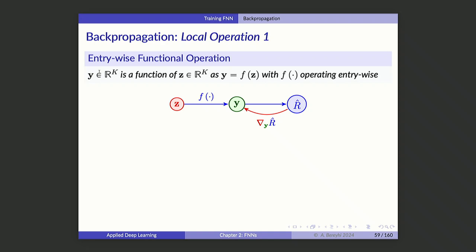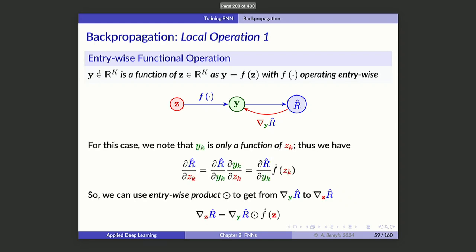Every single guy in z, look at it here. z is a vector of this form, for example, z1 till zn, and every single one of them is passed through function f, giving you y. So for example, y1 is f of z1, y2 is f of z2, and so on. So if you want to move back, what do you do? Entry-wise product with the derivative of f.